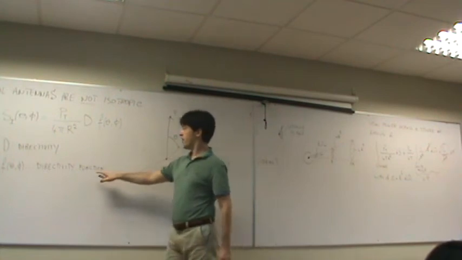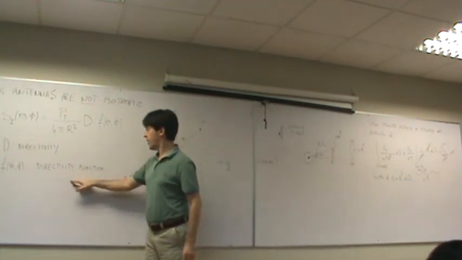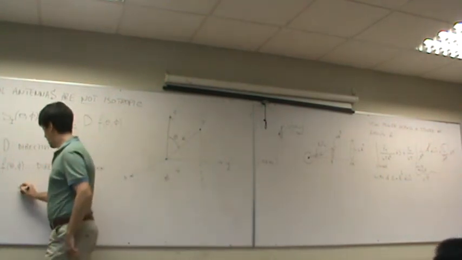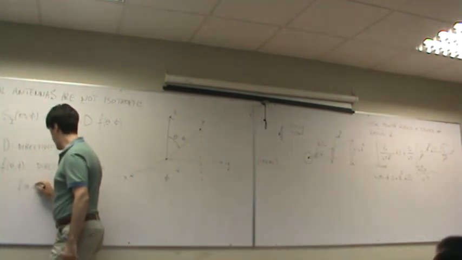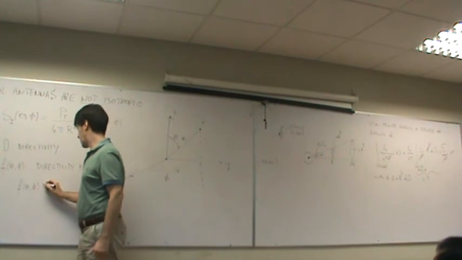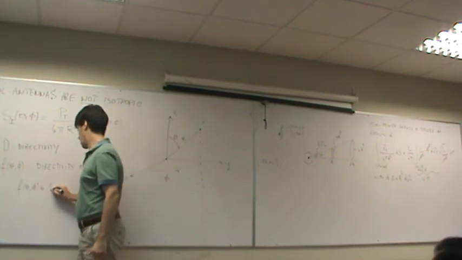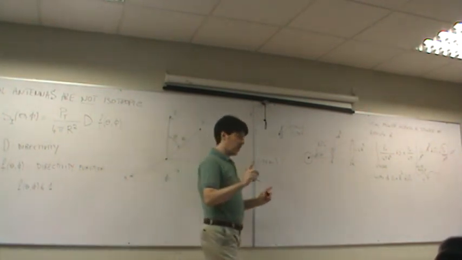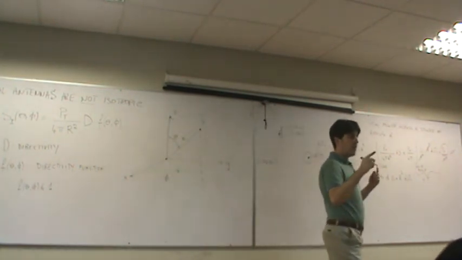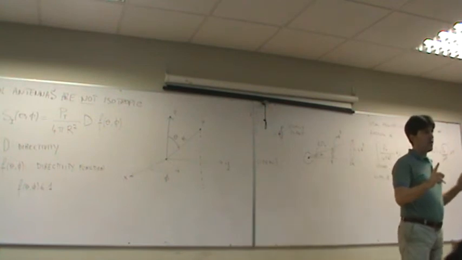The directivity function is defined in a special way. It's a function that is normalized to 1, and its values are between 0 and 1.